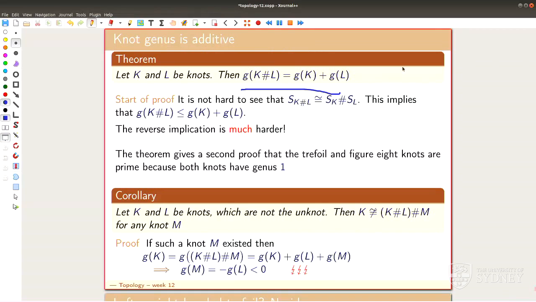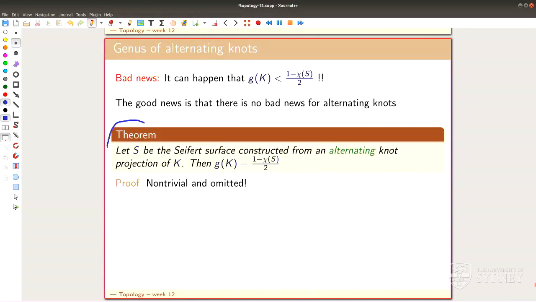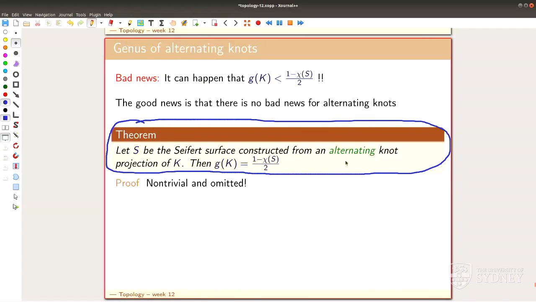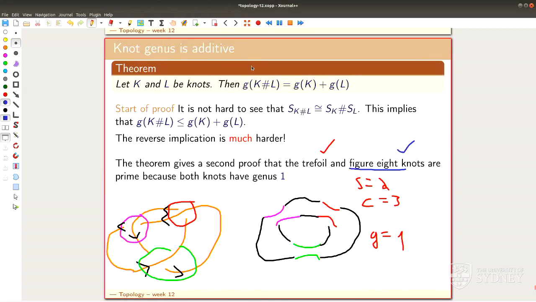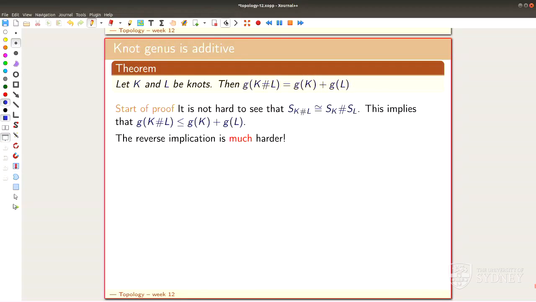So let me just do it once more. This is the main statement about Seifert surfaces. If you happen to have an alternating knot projection, like the trefoil projection here, or the figure 8 knot, or whatever kind of knot this is, then you can just run the Seifert algorithm.